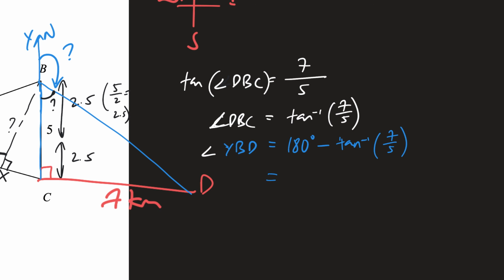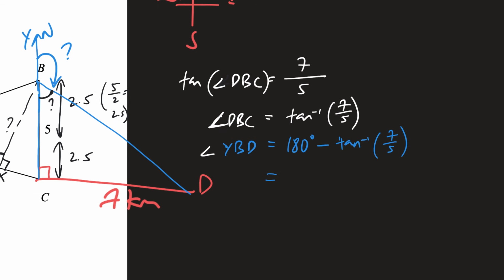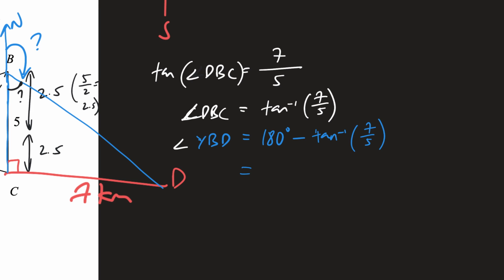And when all is said and done, we calculate it and get 125.54. It's a bearing, so it's always like this, right? 126. I think that's sufficient. There you go.